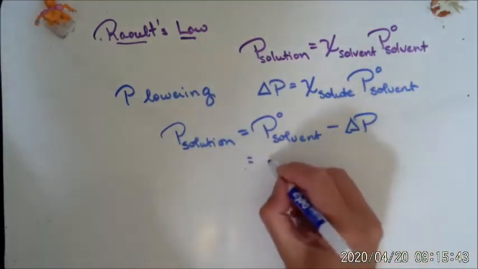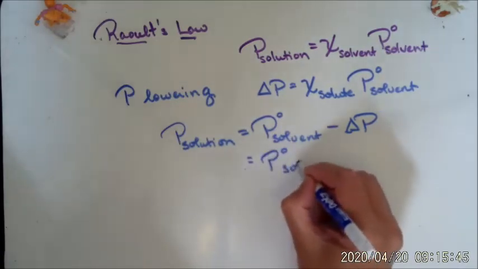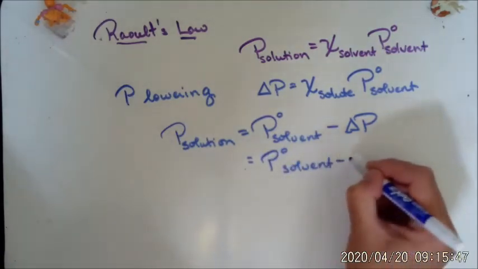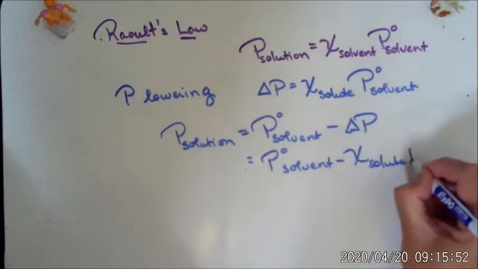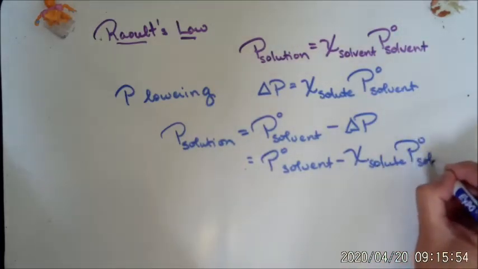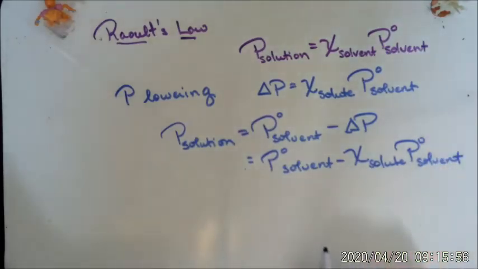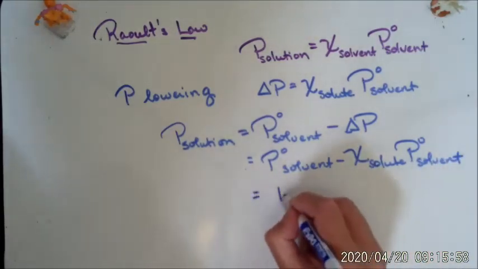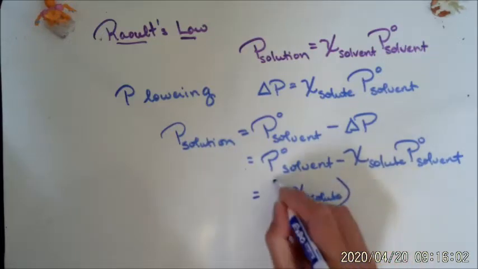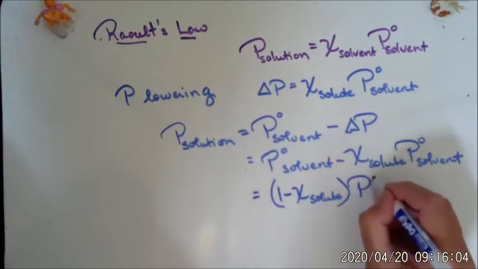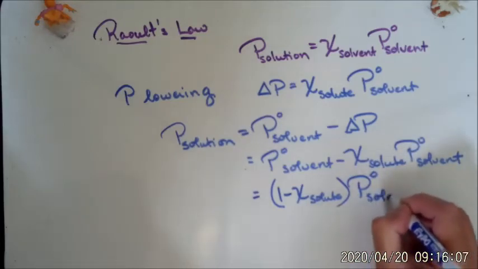So basically the pressure of my solvent minus the mole fraction of my solute times the pressure of my solvent. So I'll just go ahead and do a distribution: 1 minus the mole fraction of my solute times the vapor pressure of my solvent.